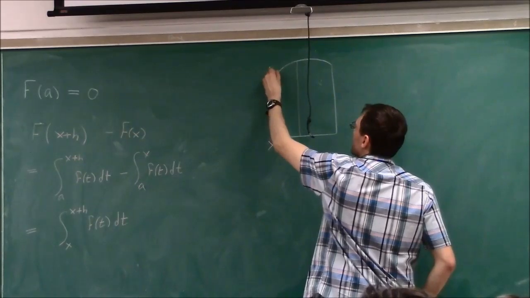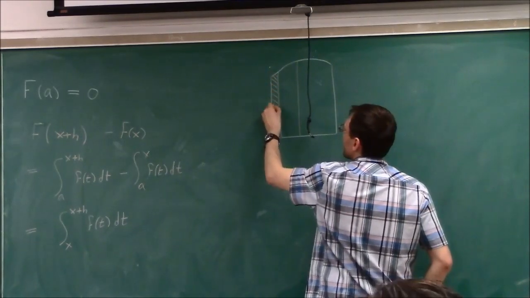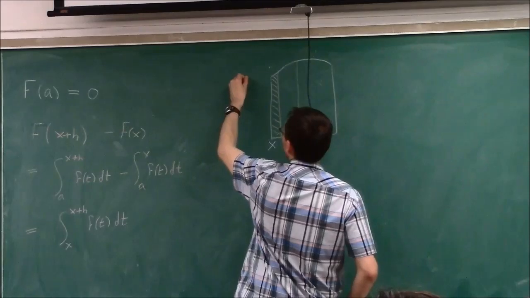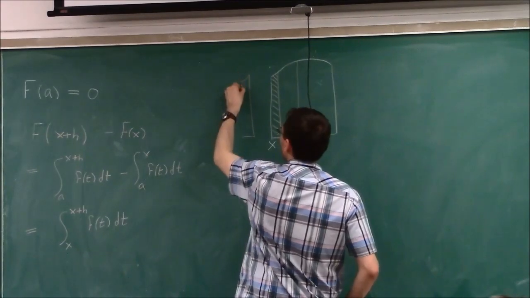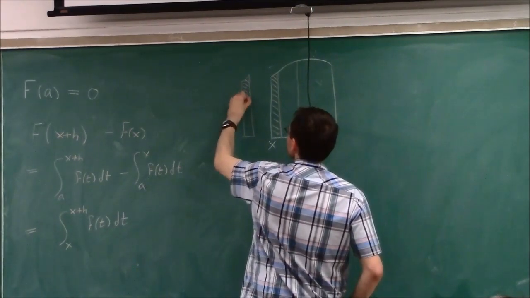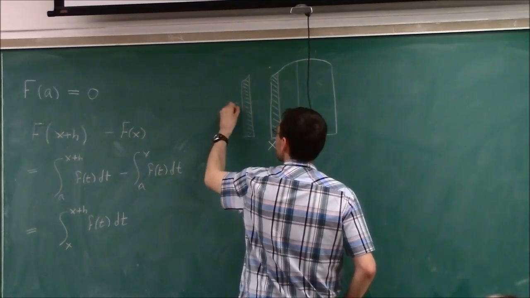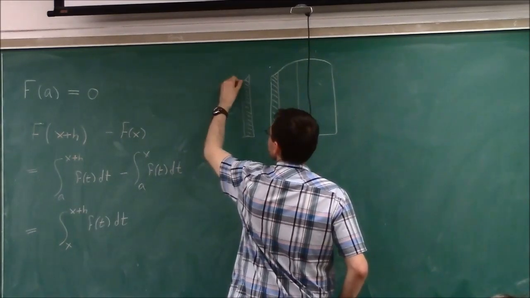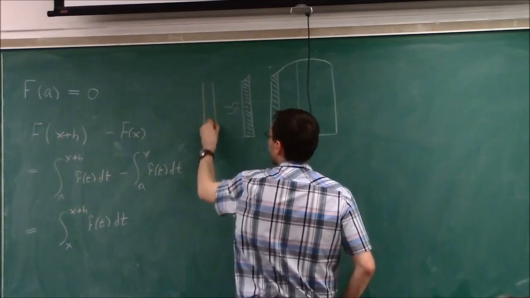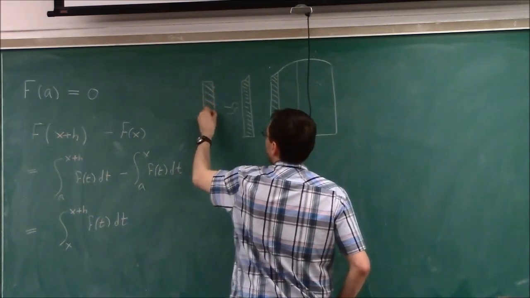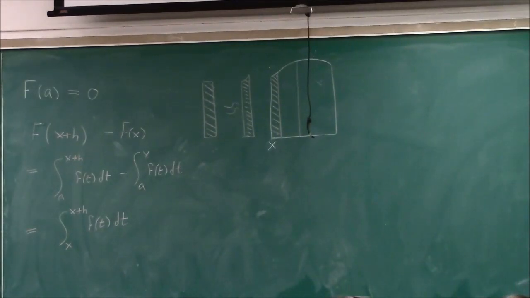Now, very small h. This shape is almost the same thing as this shape, which is a rectangle. Do you see that?